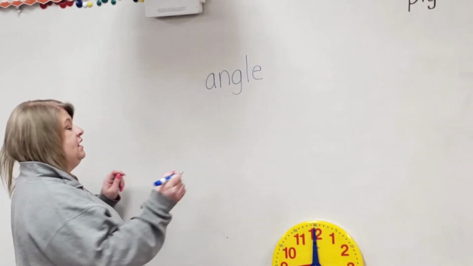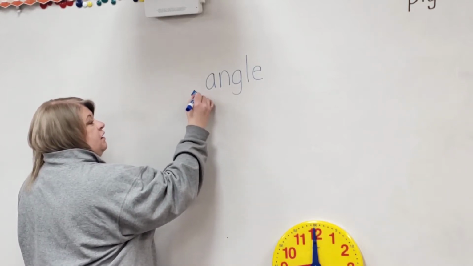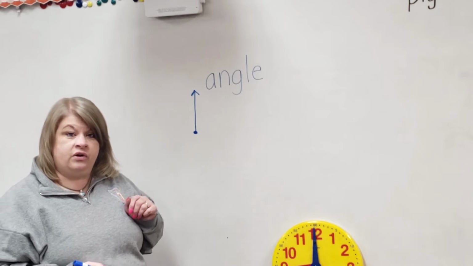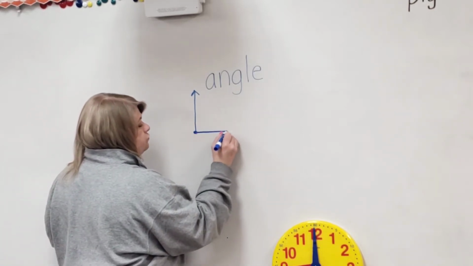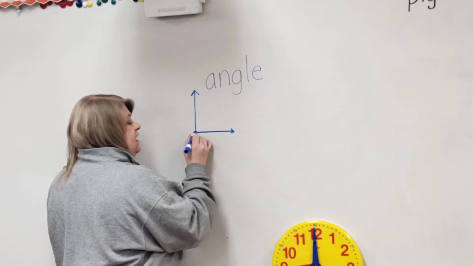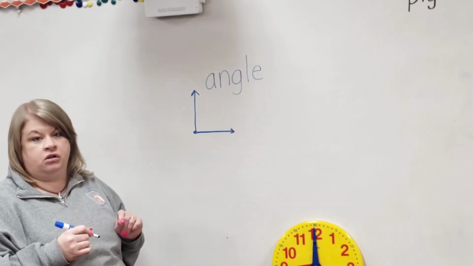Do you remember what a ray is? A ray is an endpoint and a line that continues forever out. If I have two of them coming from the same endpoint, this is called an angle.